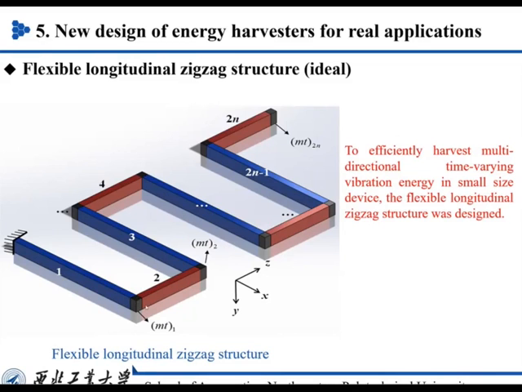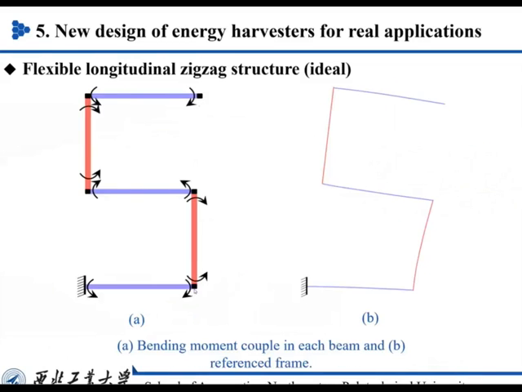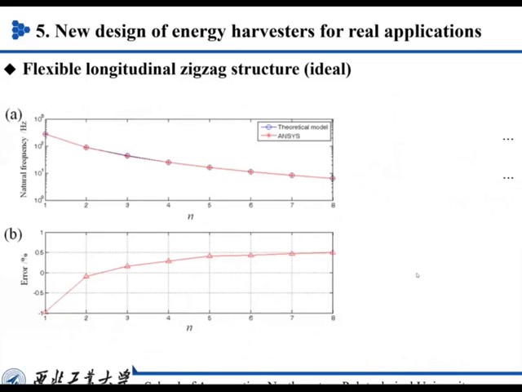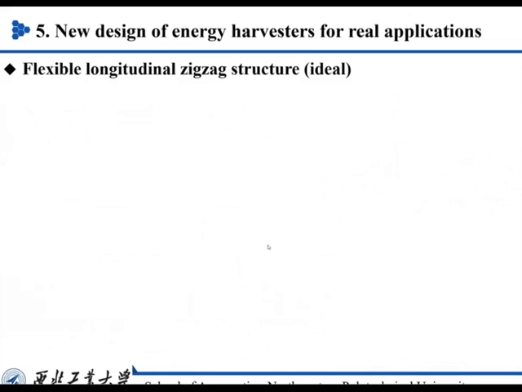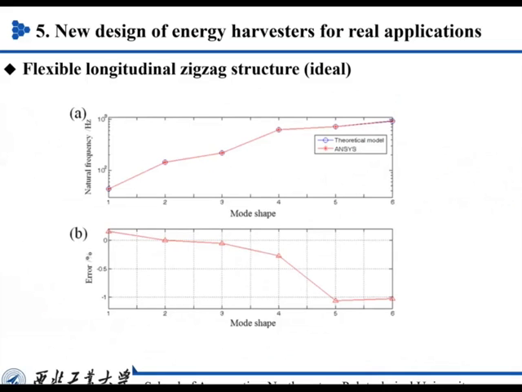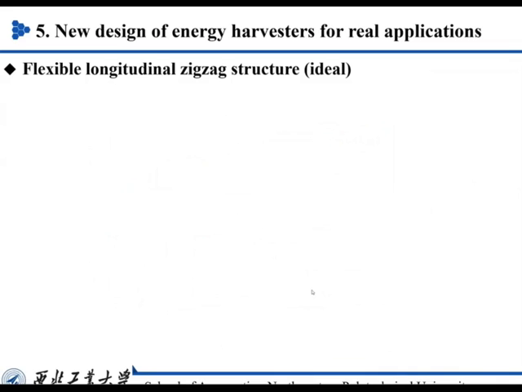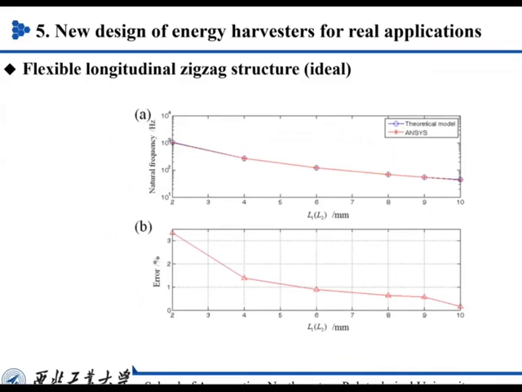If it is very small, we call it the ideal one. With the finite element method, the error with our model is very small. We can check this for the different models and the different lengths.